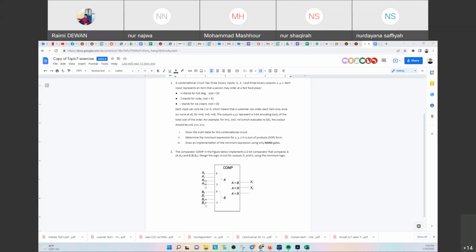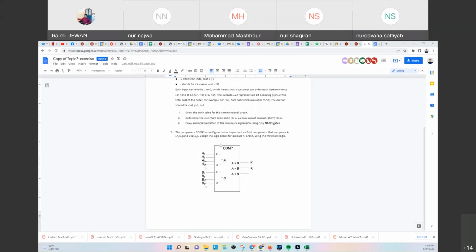Wait. The first question is asking what? The comparator design the logic circuit. Okay. Design. The schematic is not complete.